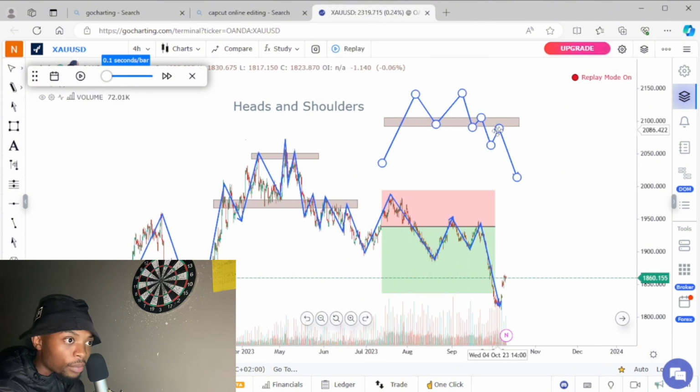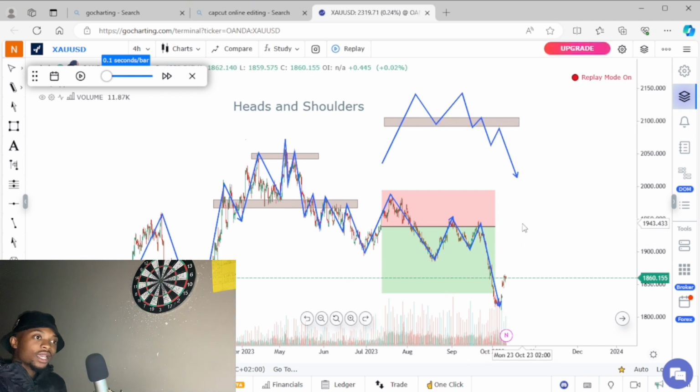So we'd wait for price to break below, retest, and then give us that strong bearish candle, and that's when we enter our trade. Exactly the same thing for the triple top, exactly the same thing for the heads and shoulders. We apply the same logic, the same technique, the same strategy.